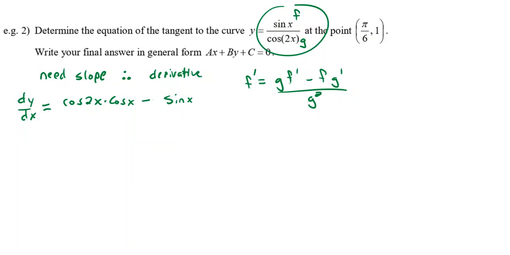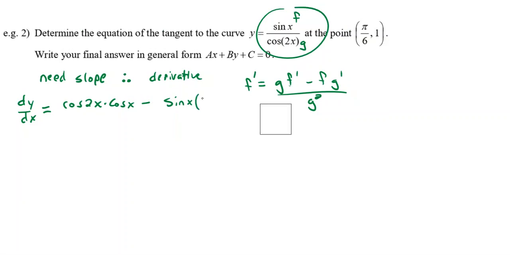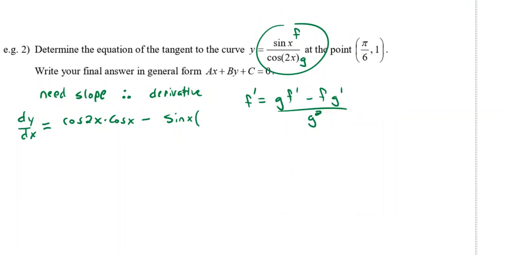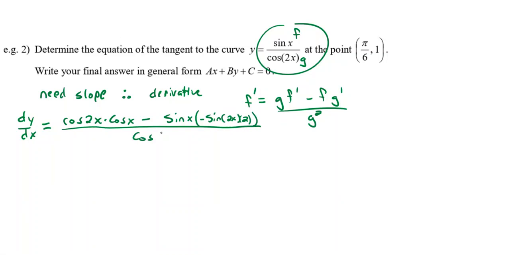So sine x, and then times the derivative of g, which would be negative sine 2x times 2, just the derivative of the inside. And then that's all over cos 2x, squared.